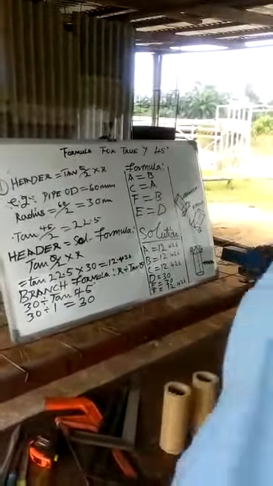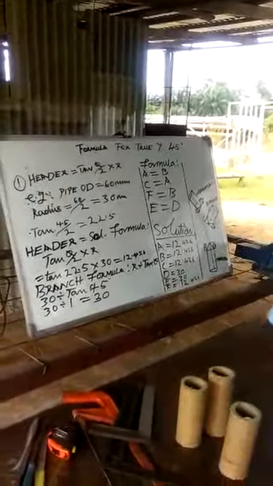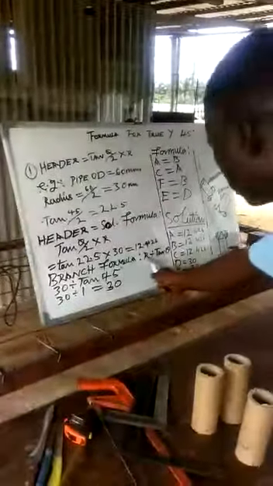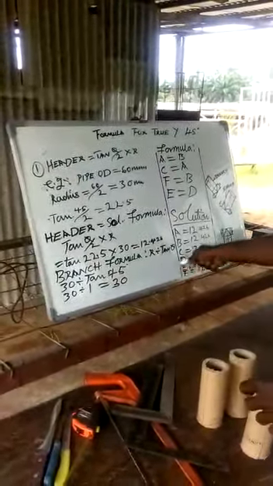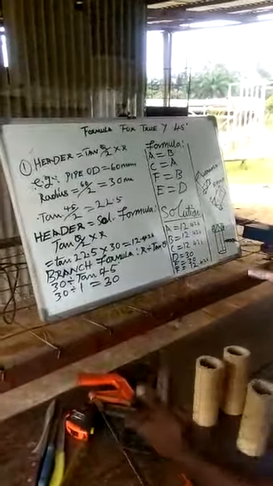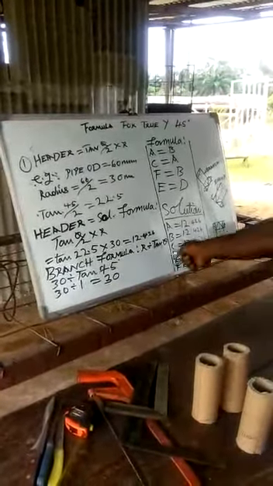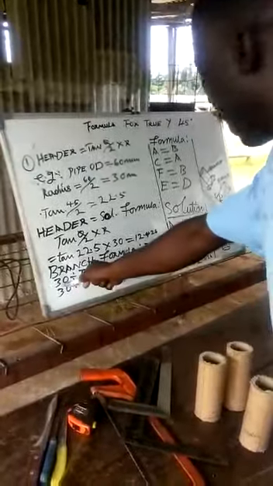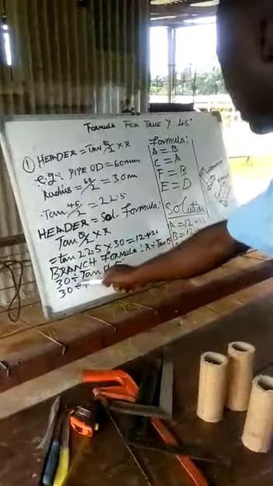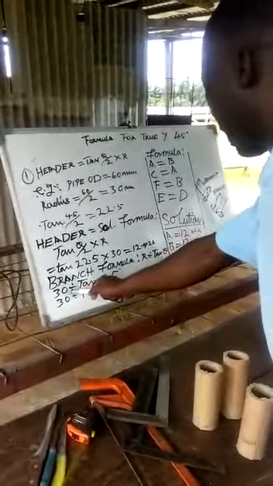Then we move to the branch. The branch formula is the radius divided by tan theta. The radius is 30.